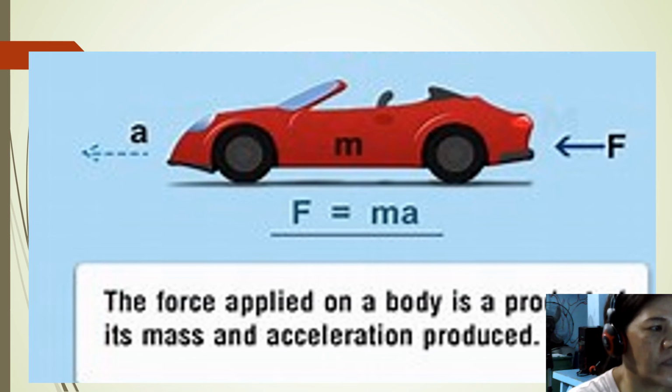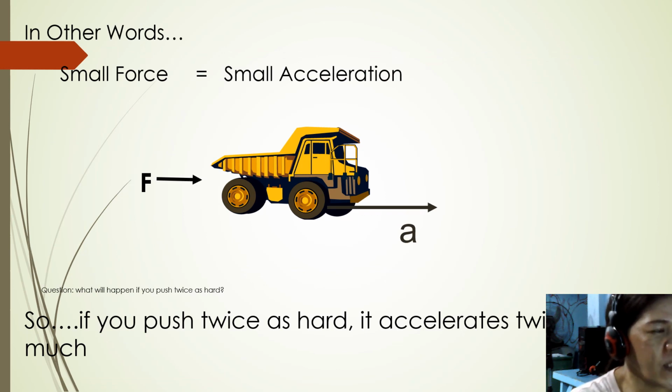Again, the force applied on a body is proportional to its mass and the acceleration produced. In other words, small force, small acceleration. What will happen if you push twice as hard? If you push twice as hard, it accelerates twice as much. So the more force you apply, the greater the acceleration it gives you.